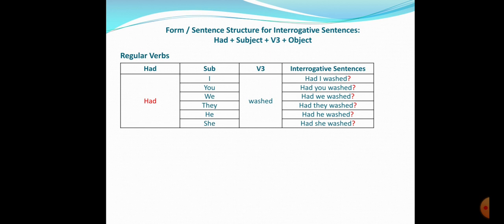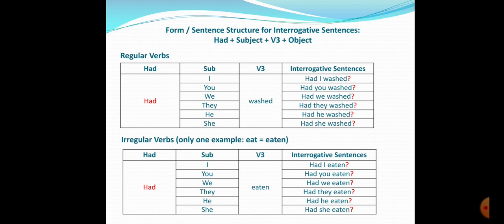So you get had I washed, had you washed, had we washed, had they washed, had he washed, had she washed, and a question mark at the end. And the same way you get with the irregular verb, had I eaten, had you eaten, had we eaten, had they eaten, had he eaten, had she eaten, and a question mark at the end.